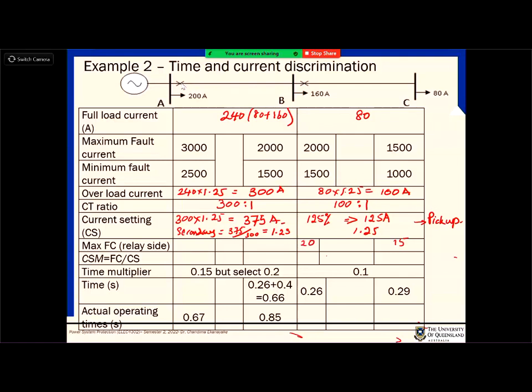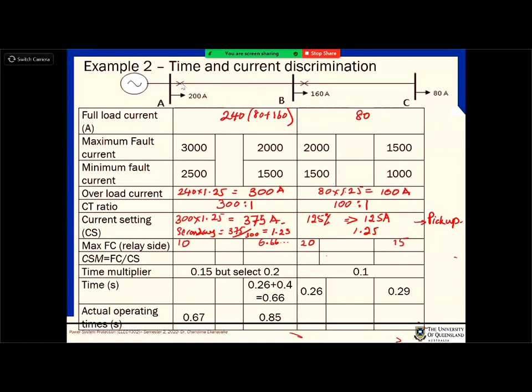Here, is it 20 or something different? Yeah, 20 divided by 3, which is 6.66. And then this one is again 10. So that is the corresponding relay current for those faults.